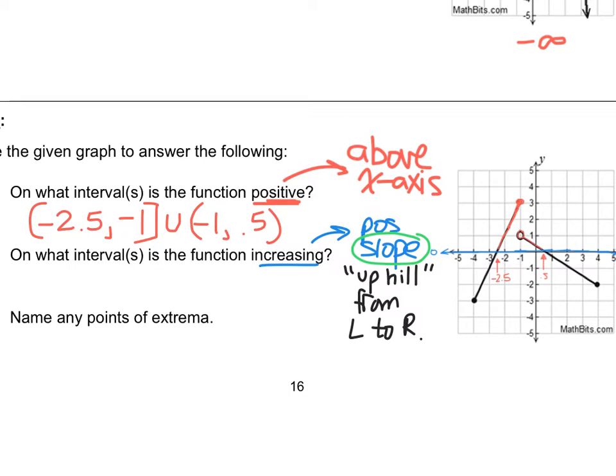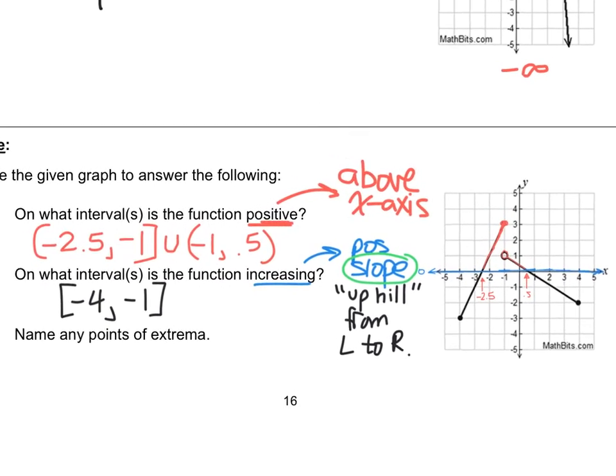So as you're reading the graph, you're just looking for the part that's going uphill as you read it from left to right. Over what interval does that happen? First x value, last x value: -4 and -1. Solid point at -4, solid point at -1. And there we go.